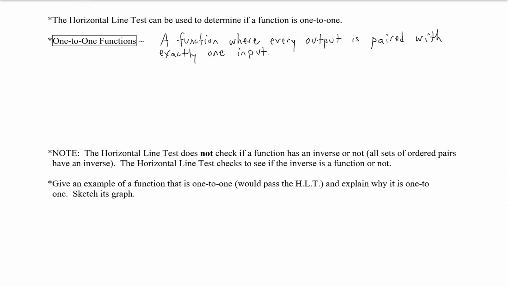So what's a little sneaky about this definition is it starts out by saying it's a function. So every input is paired with exactly one output. That's a given. But a one-to-one function goes on to say that every output is paired with exactly one input.